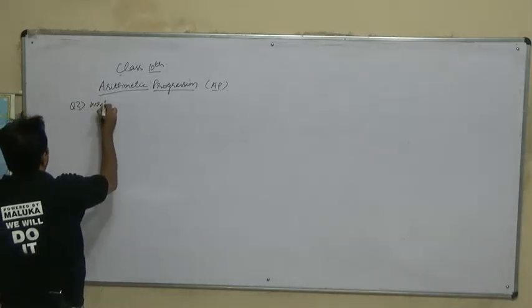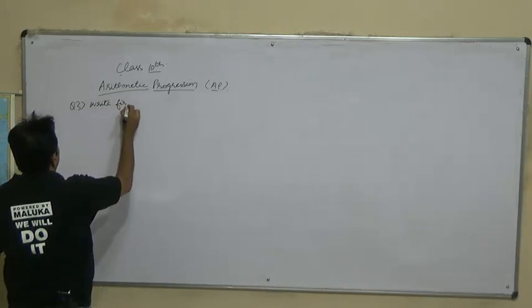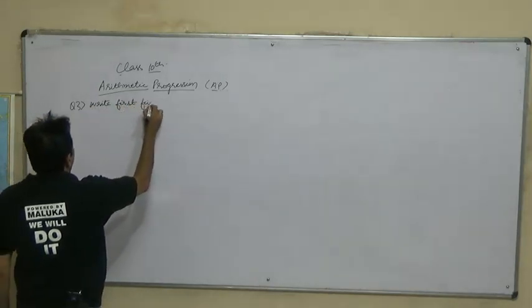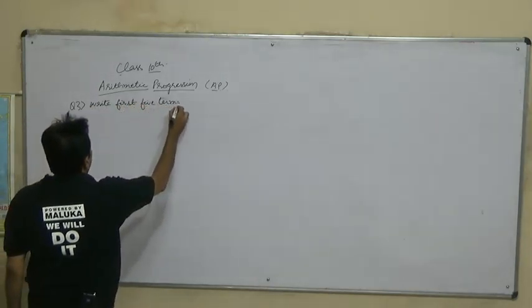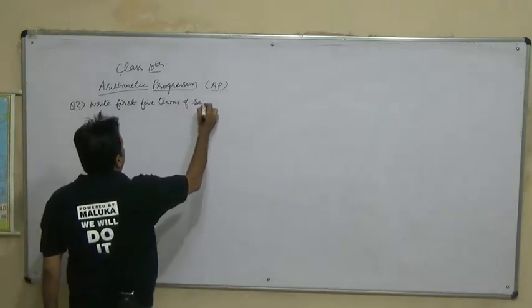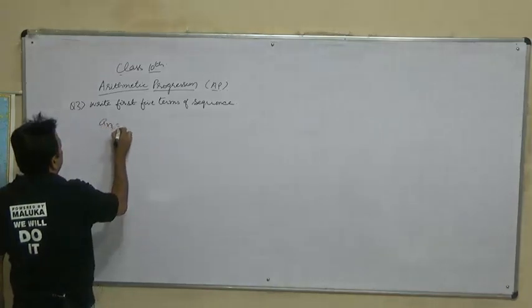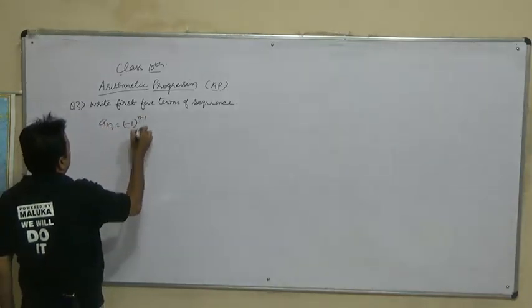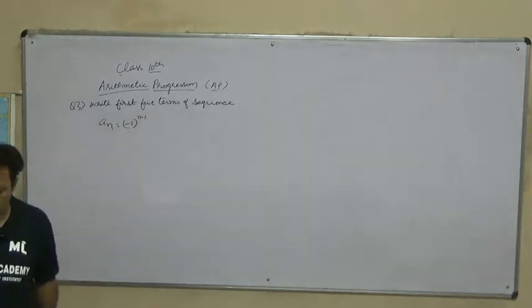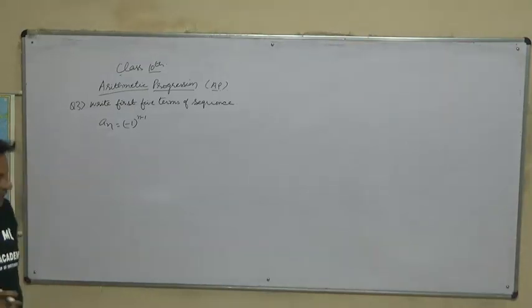Write first 5 terms of the sequence an is equal to minus 1 raised to power n minus 1, 2 raised to power n.